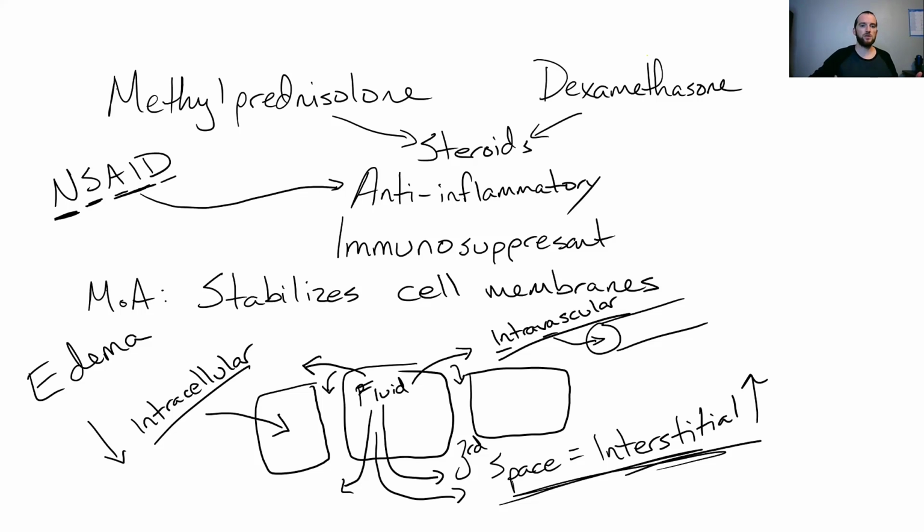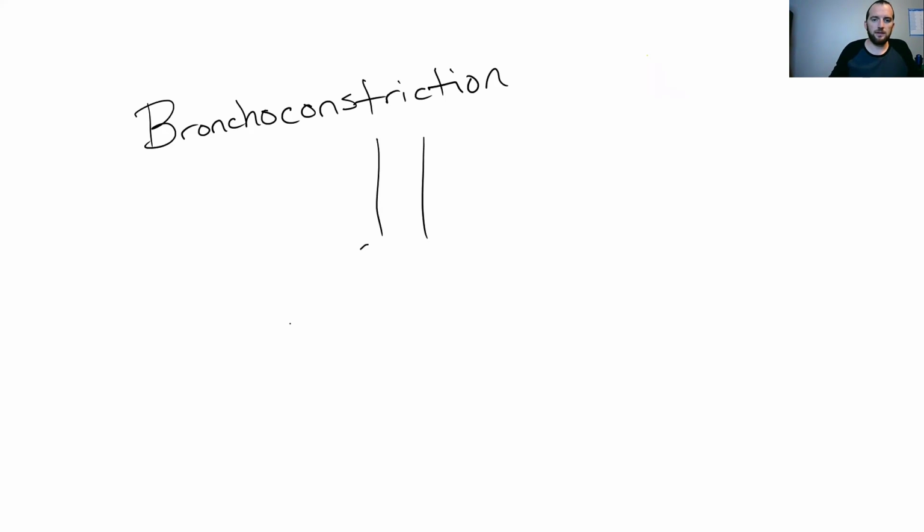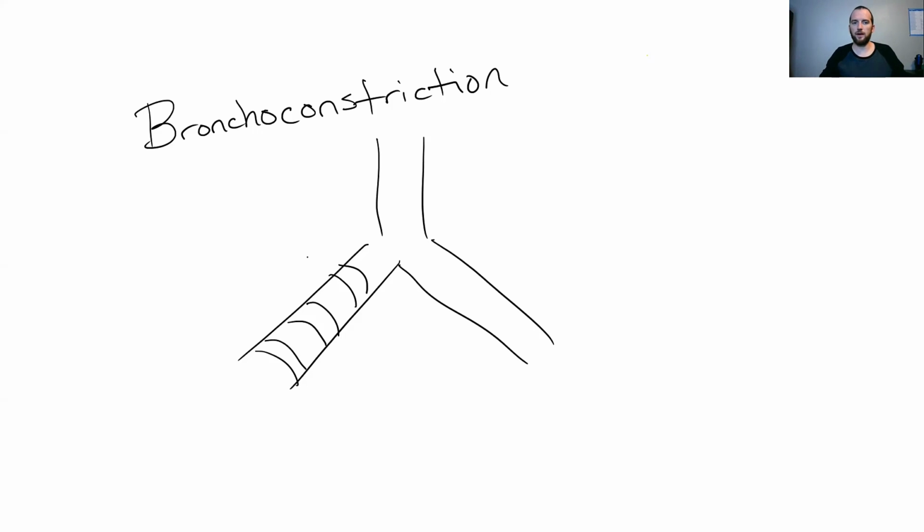So where this relates to us for this asthma exacerbation, the bronchoconstriction process, is going back to that idea that down the length of our bronchi and bronchioles, we have those smooth muscles. And those bronchial smooth muscles constrict or contract.